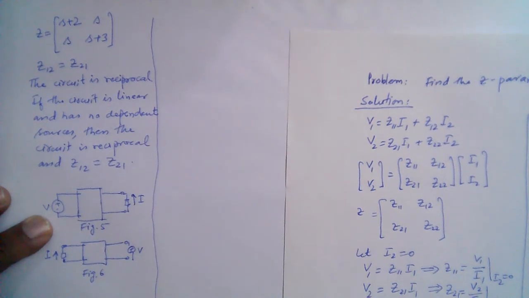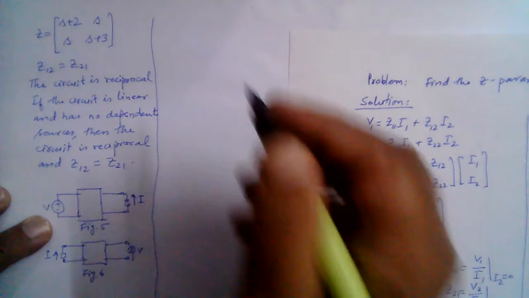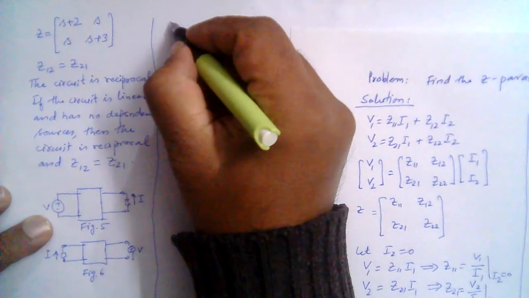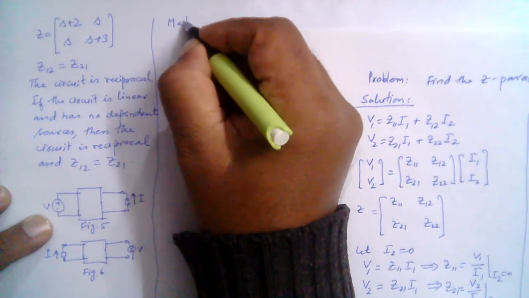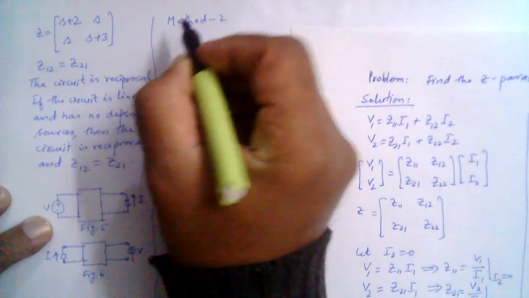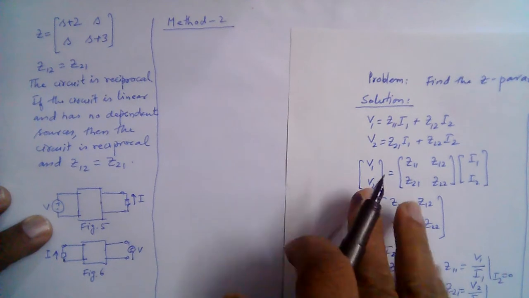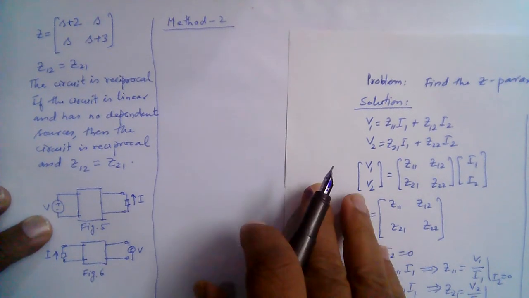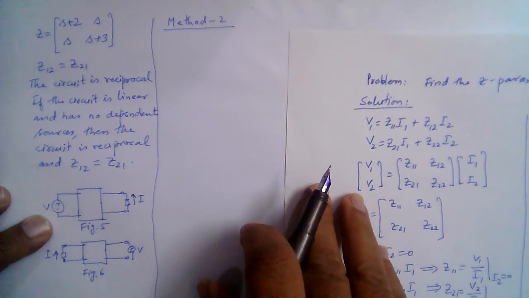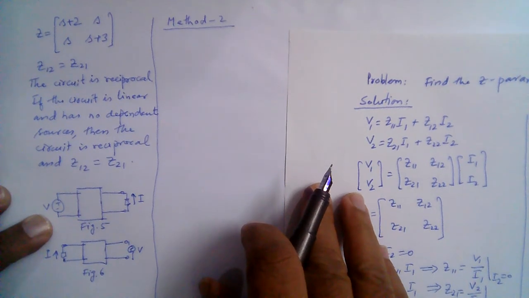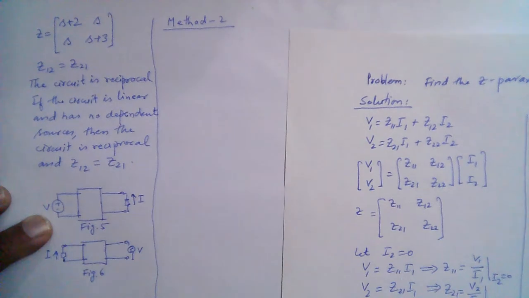So this was one method of finding the Z parameters. We can find the Z parameters in another way also. When a circuit comprises resistors, inductors and capacitors alone, with no dependent sources, the circuit is reciprocal, and we can express it in a standard form.